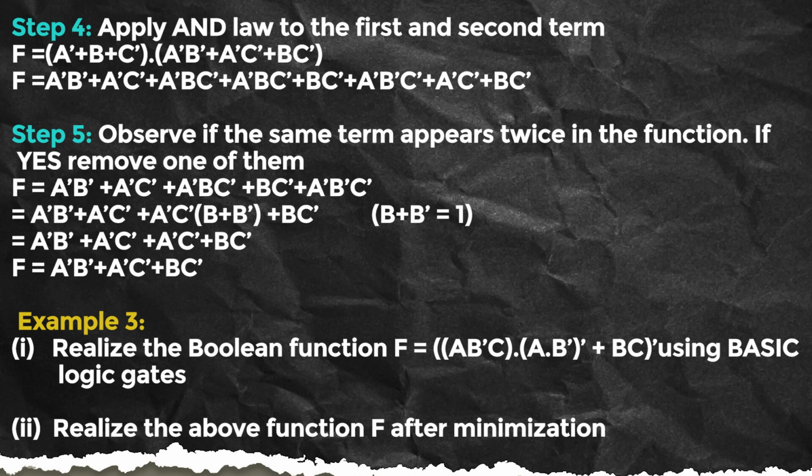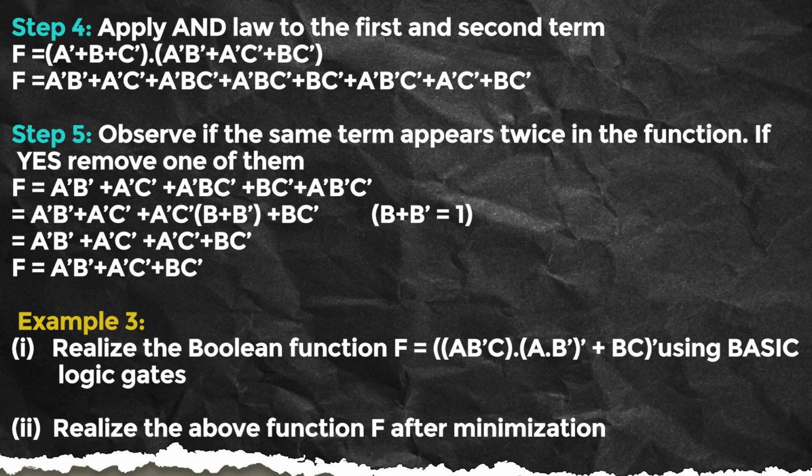That means what I have done is that I combined the third term and the fifth term, plus BC bar. So you know that B + B bar, as per the OR law, is equal to 1. So therefore it becomes A bar B + A bar C bar + A bar C bar + BC bar. Again you can see that the second and third terms are repeating two times.